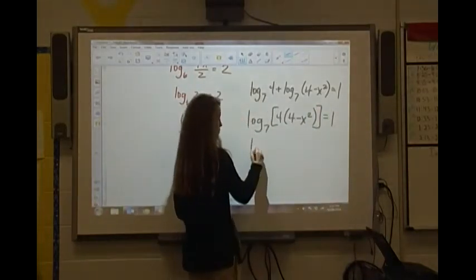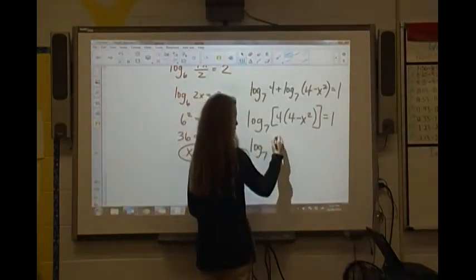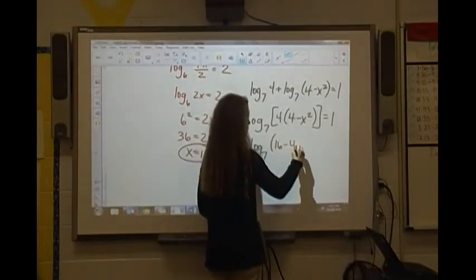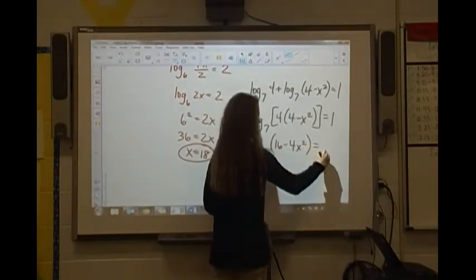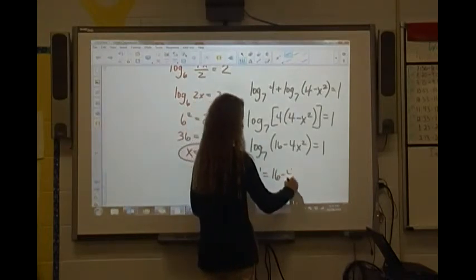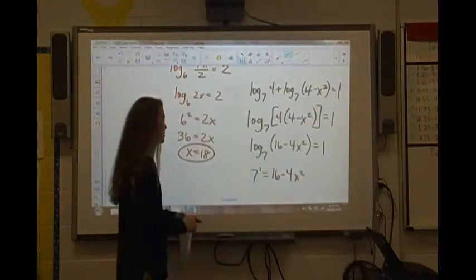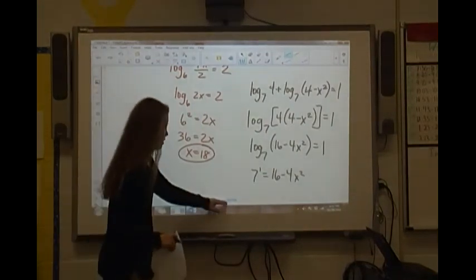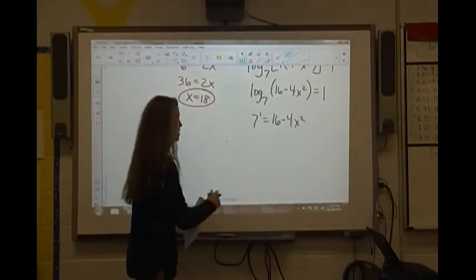I'll multiply that through. Log base 7 of 16 minus 4x squared. 7 to the first power equals 16 minus 4x squared. Subtract the 16 over.